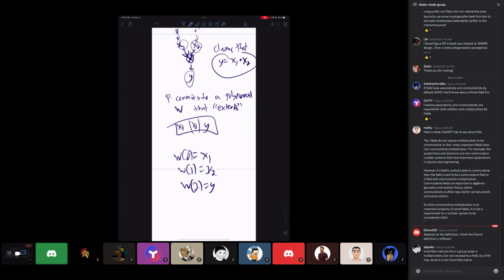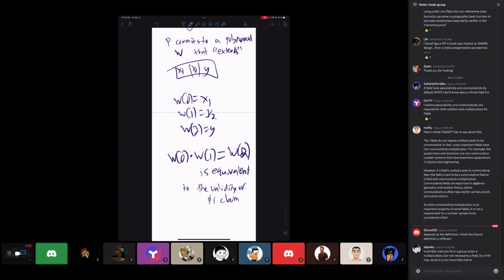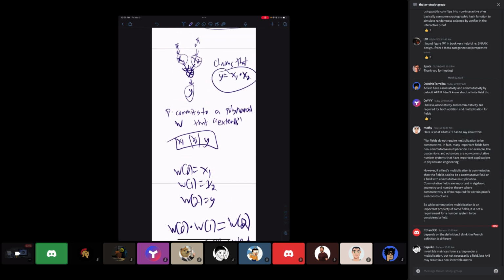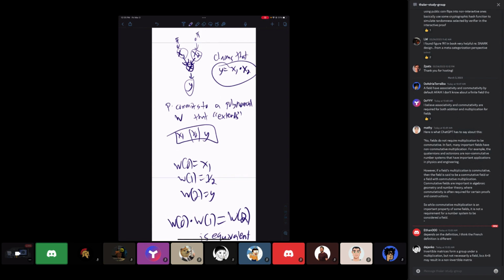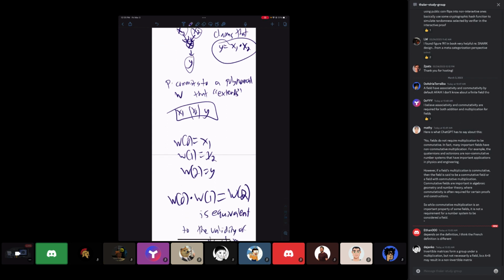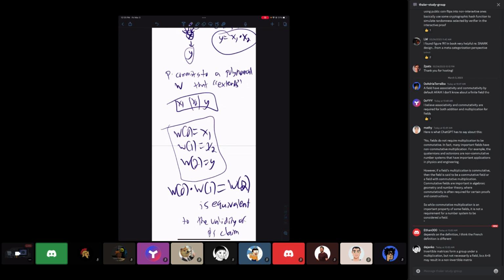Okay, and now checking the claim is equivalent to checking a statement about the evaluations of w. So this condition here is equivalent to the validity of the prover's claim. By using the low degree extension encoding, the prover has turned a claim about correctly evaluating a circuit into a claim about evaluations of some polynomial that it has committed to.